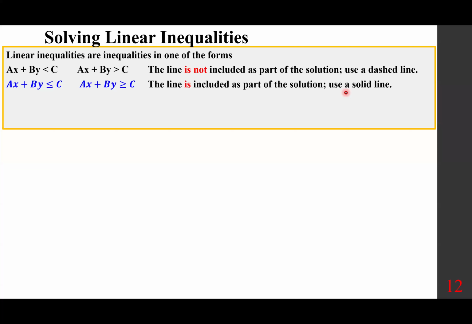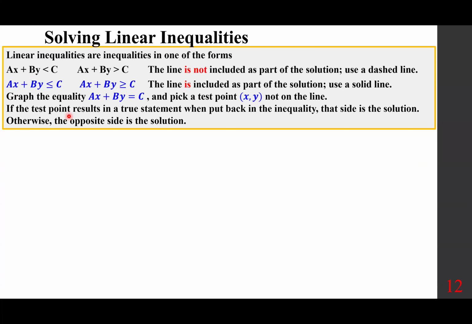So that's extremely important to understand: when to use the line and when not to, dashed or solid. Graph the equality ax plus by equals c and pick a test point x comma y not on the line. If the test point results in a true statement when put back in the inequality, that side is the solution. Otherwise, the opposite side is the solution.